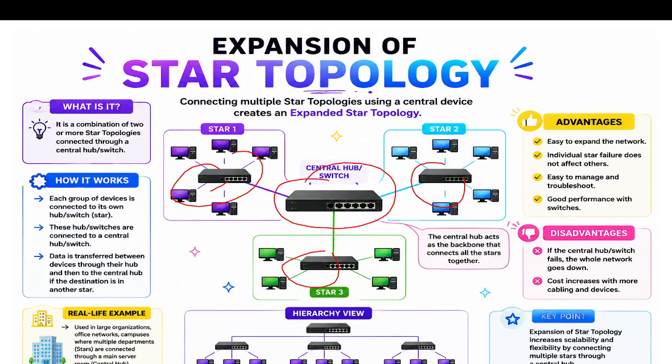This central hub or switch connects all three hubs, star 1, star 2 and star 3. So this arrangement allows several more computers or hubs to be connected. This creates a hybrid star network.